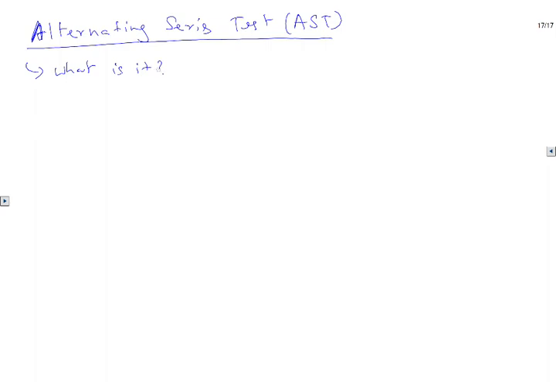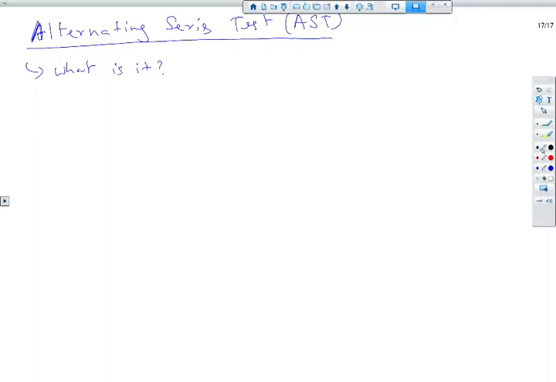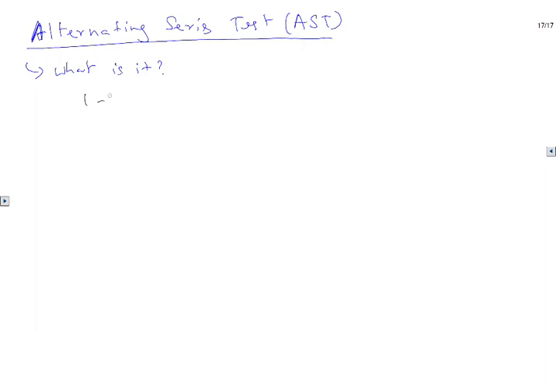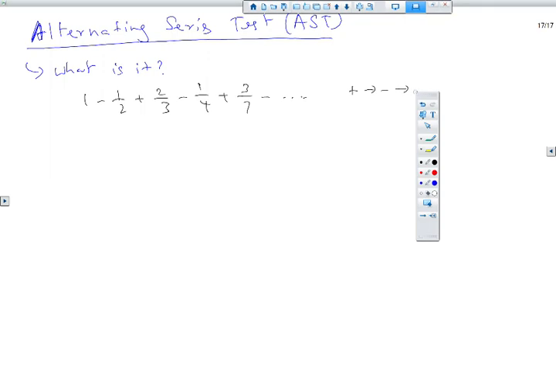For example, if you look at this series, 1 minus 1/2 plus 2/3 minus 1/4 plus 3/7, something like that. What you notice is the sign changes from plus to minus and then plus, like that.